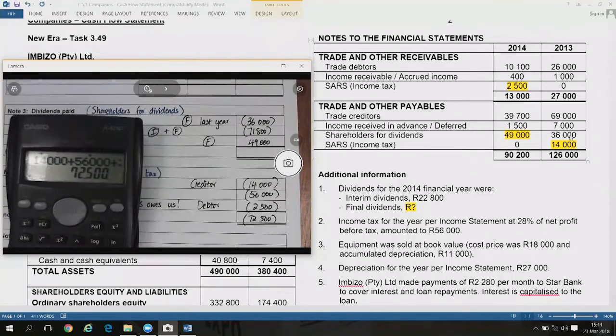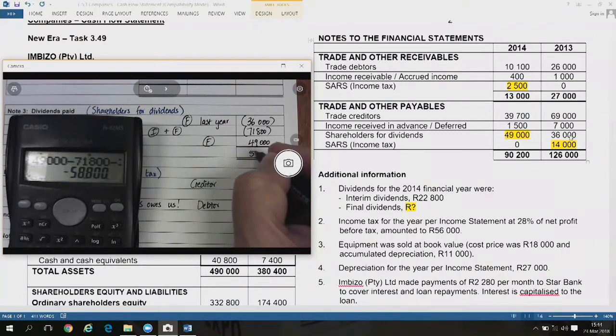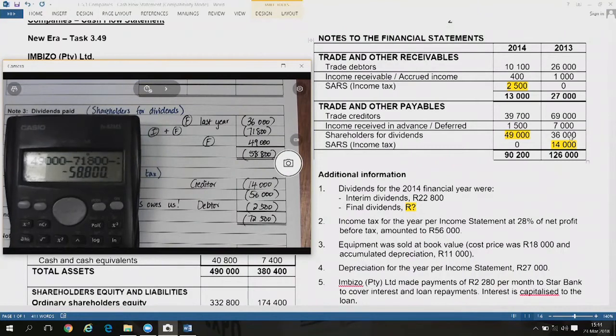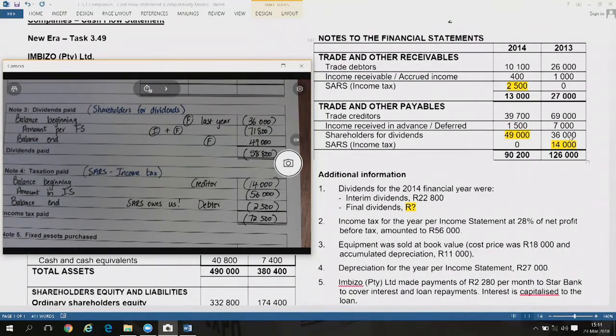So our calculation will show 49,000 minus 71,800 minus 36,000. So we paid 58,800. Can I ask you, what did we pay? We paid the final dividend of last year, and we paid the interim dividend.